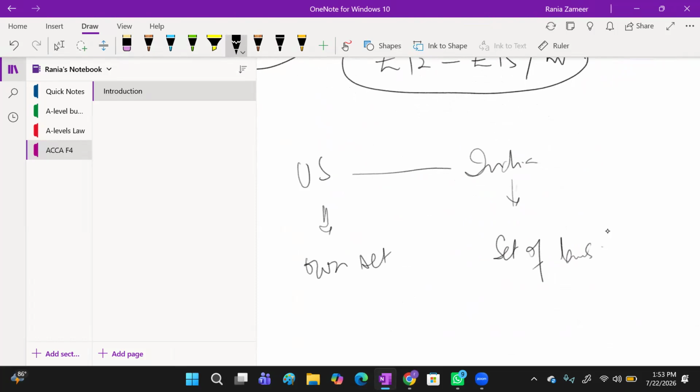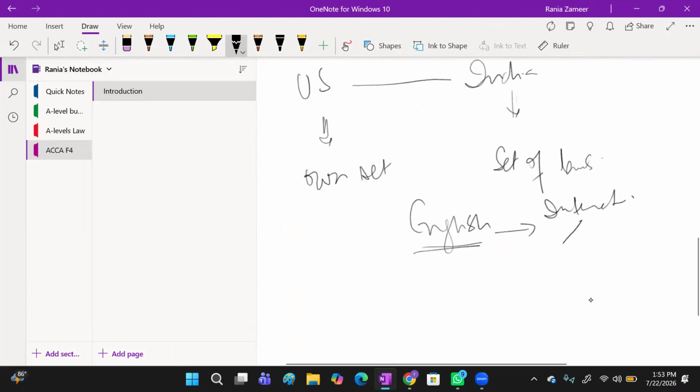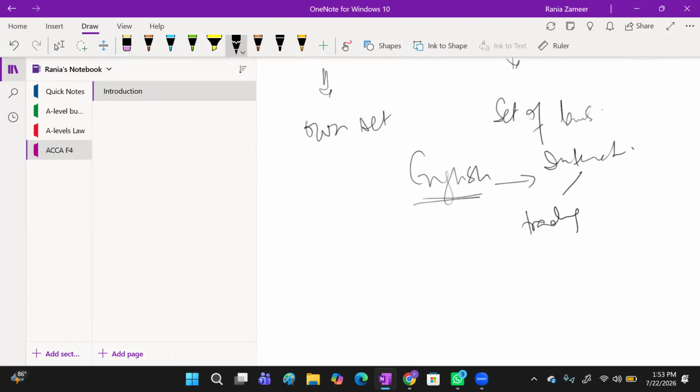The problem is, which one are you going to follow? So English law is still being used as the international law when it comes to trading and insurance.